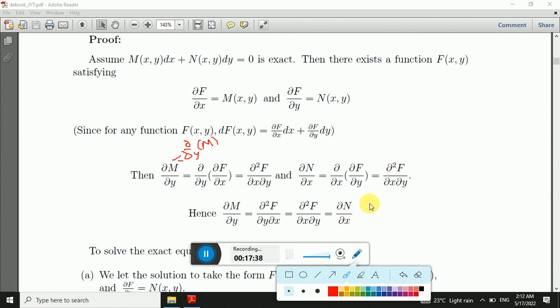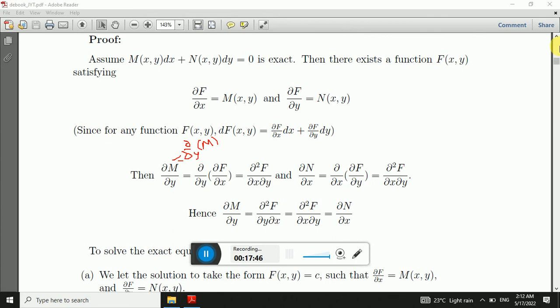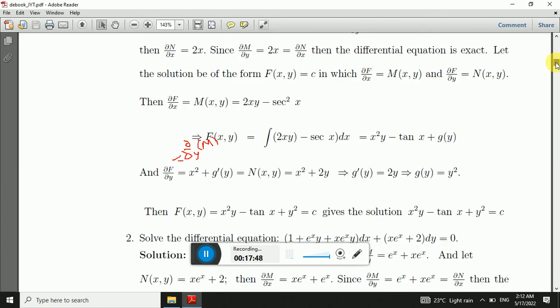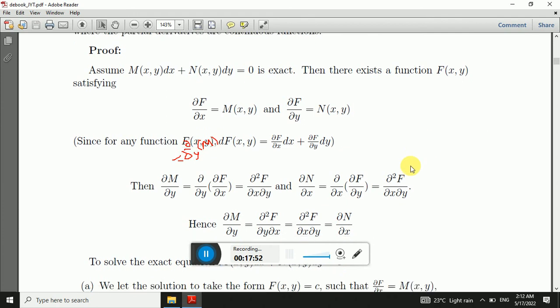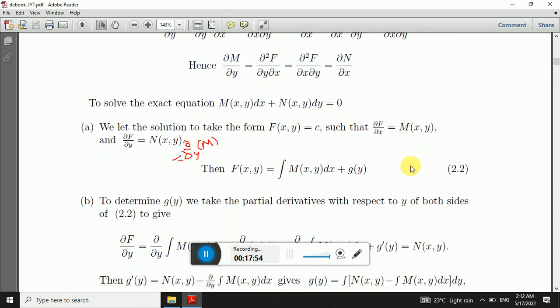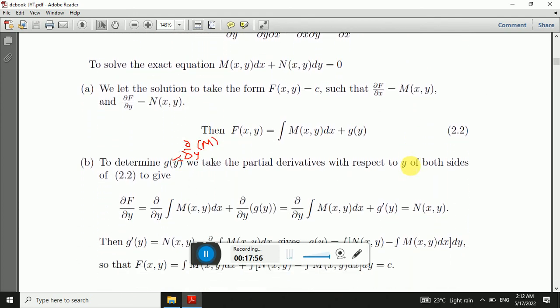Now, in the next video, I want us to start looking at solving these exact equations. So I'm going to first stop this video from here, and then I'll start a new video.